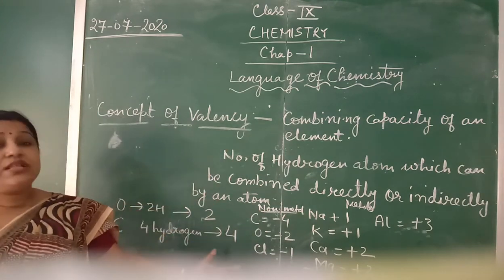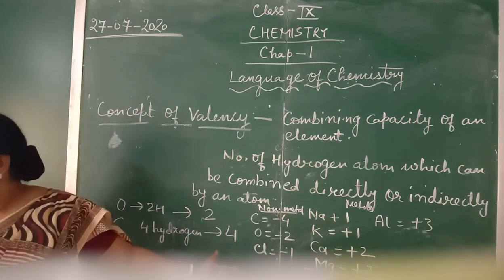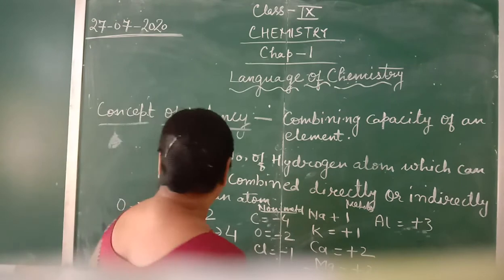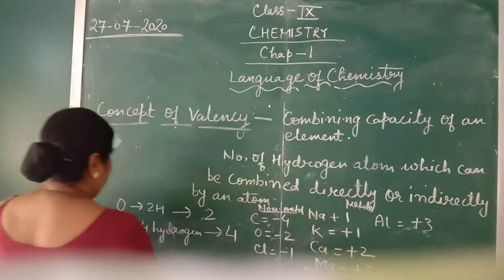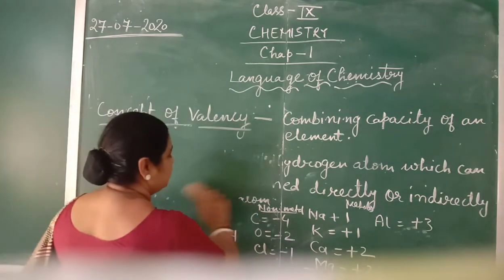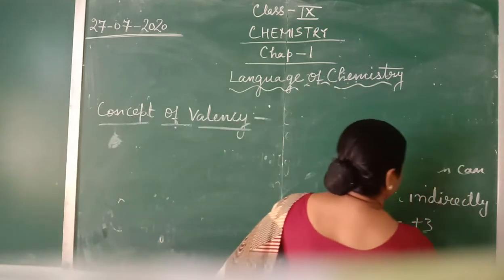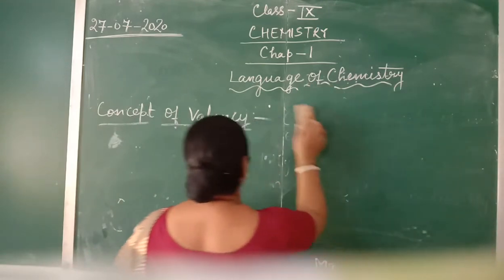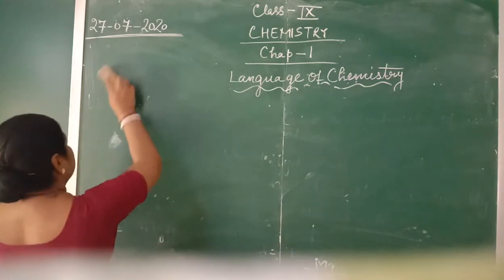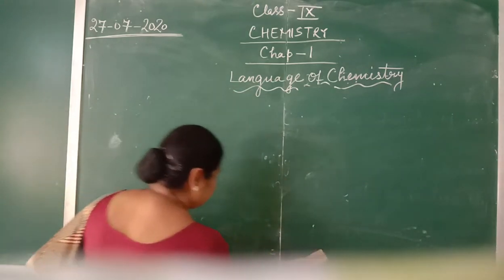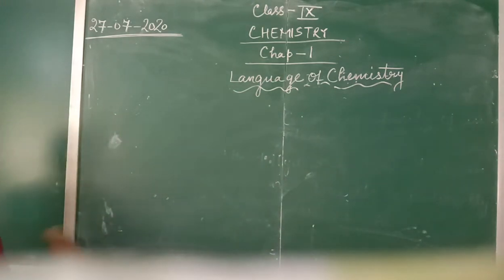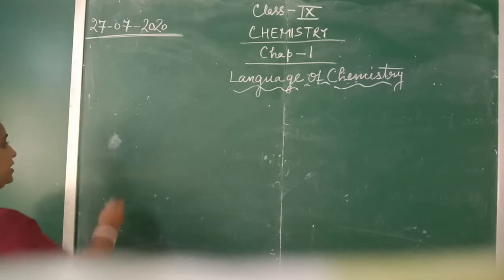So this is the concept of valency. You will find the valencies of all metals and non-metals on page number 11 of your book. The various metals and non-metals valencies are given there.